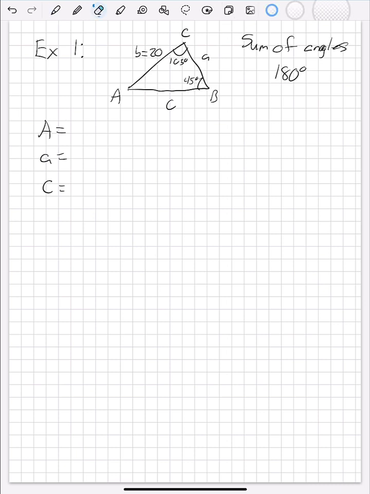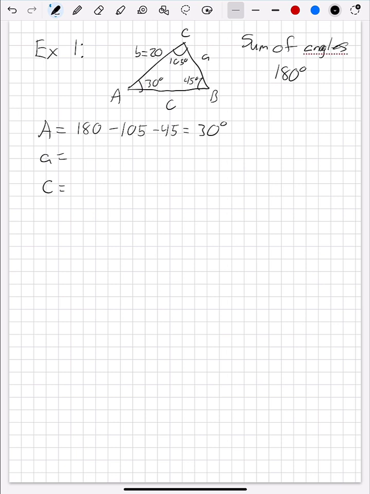What I can do is 180 minus 105 minus 45, and I get that angle A is 30 degrees. So that is 30 degrees for angle A.